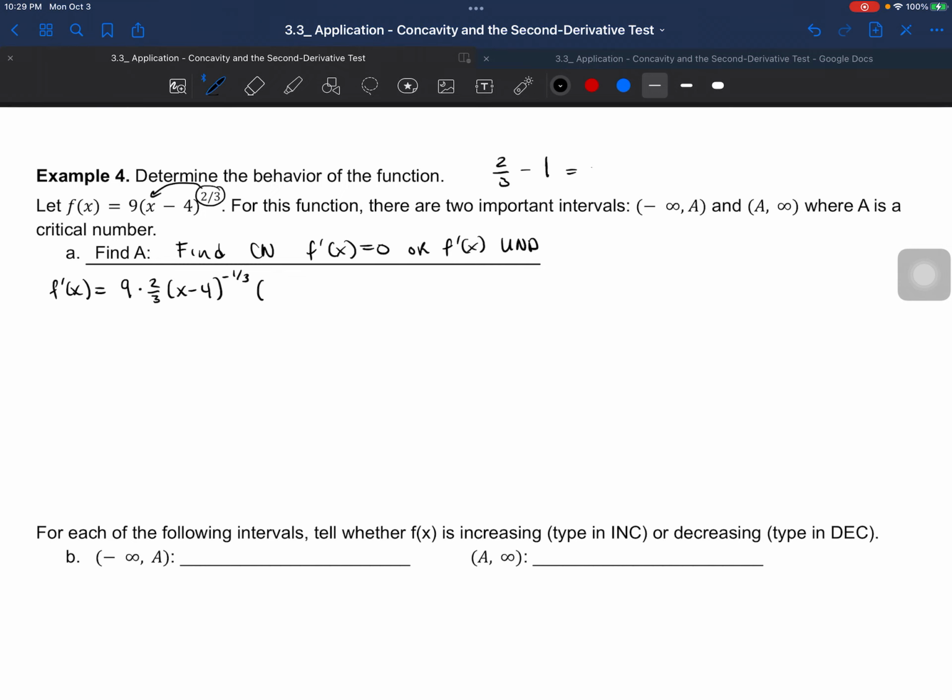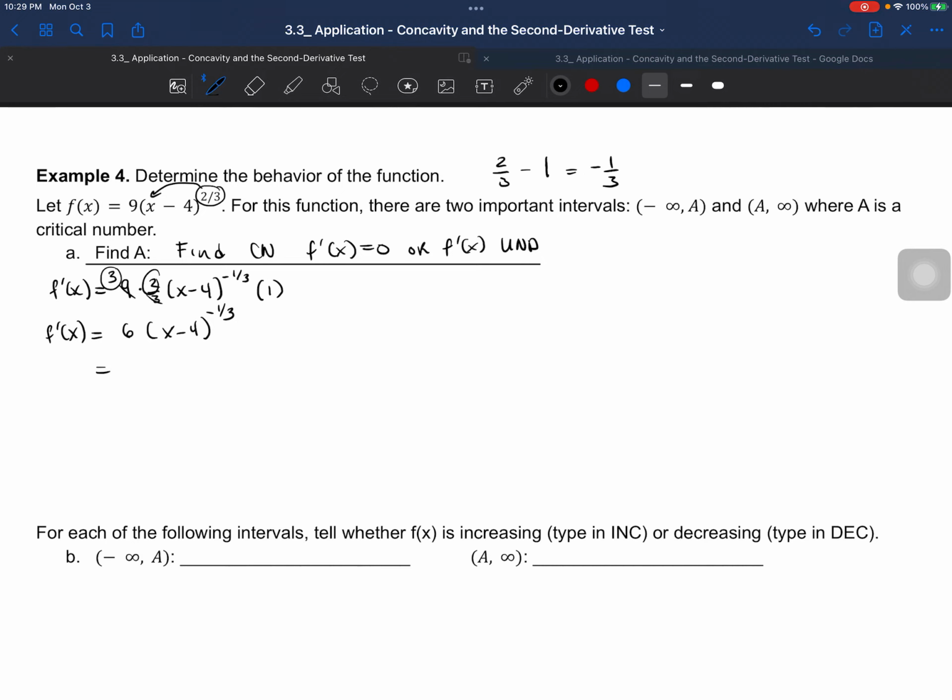You can put that in your calculator. 2/3 minus 1 is equal to negative 1/3. And then multiply by the derivative of the inside, which is the derivative of x minus 4 is 1. All right, so we simplify these two. This will cancel, and this will give us a 3. So 3 times 2 is 6. So 6 times x minus 4 to the negative 1/3. All right, so we found our derivative.